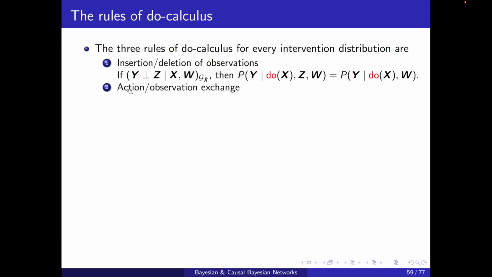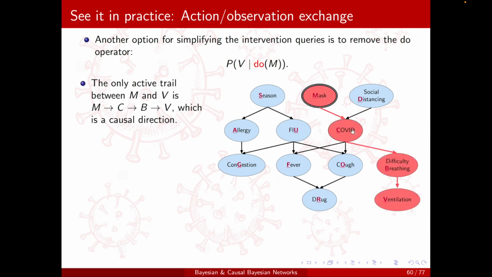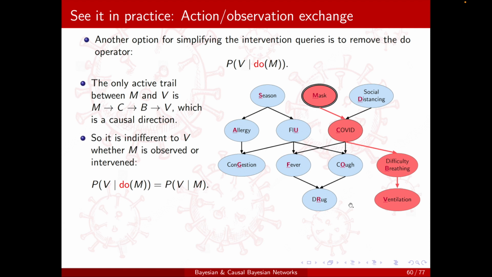Now, the second one is action observation exchange. Back to our COVID graph. This time we want to answer the query of P of V conditioned on do of M. There is an active trail M, C, B, V, but this one is in a causal direction. So it's really indifferent to V whether M is observed or we do M, fixing it to a certain value, because this is a causal graph.